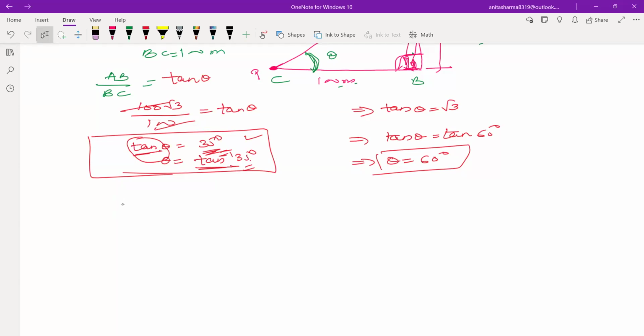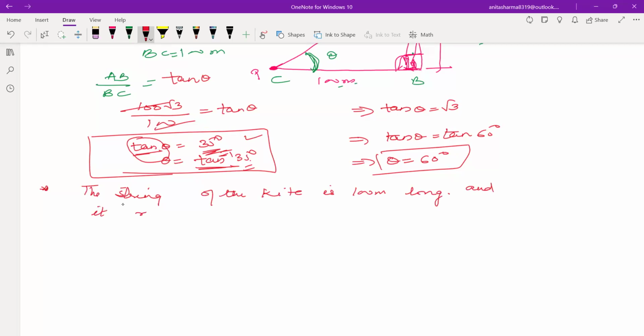Now next, suppose you have been given this. Now I am taking a kite question. The string of the kite is 100 meters long. Do you like to fly kites? Yes, ma'am. Of course. Okay.